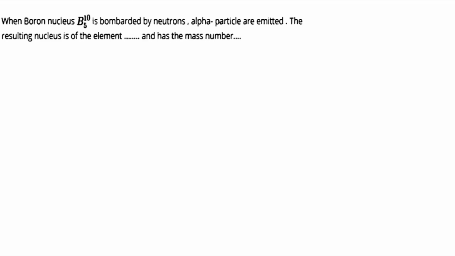So let's begin. We are given a boron nucleus having mass number 10, atomic number 5, and a neutron that has no charge, so its atomic number is 0, and a mass number of 1.